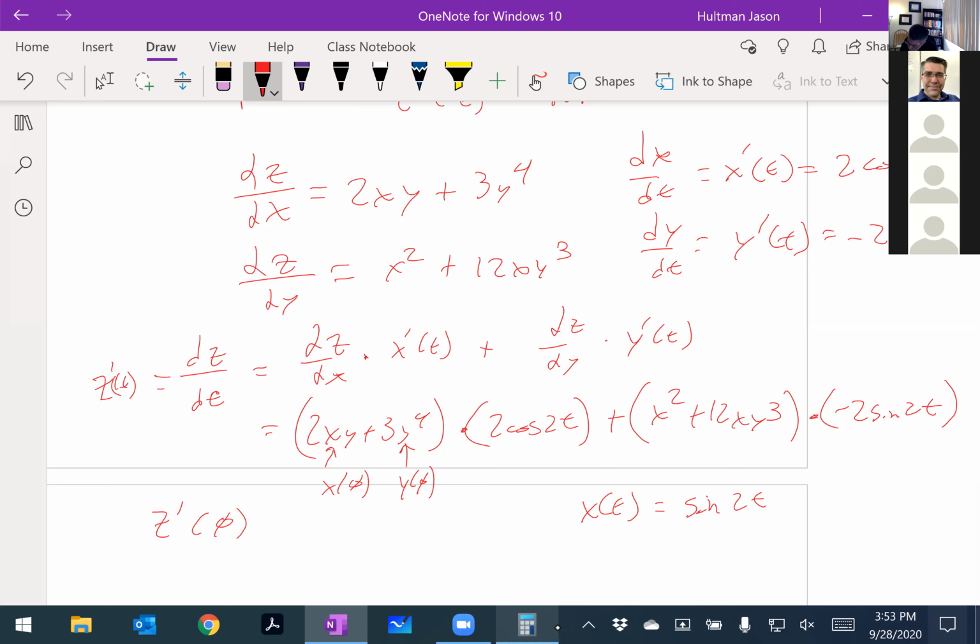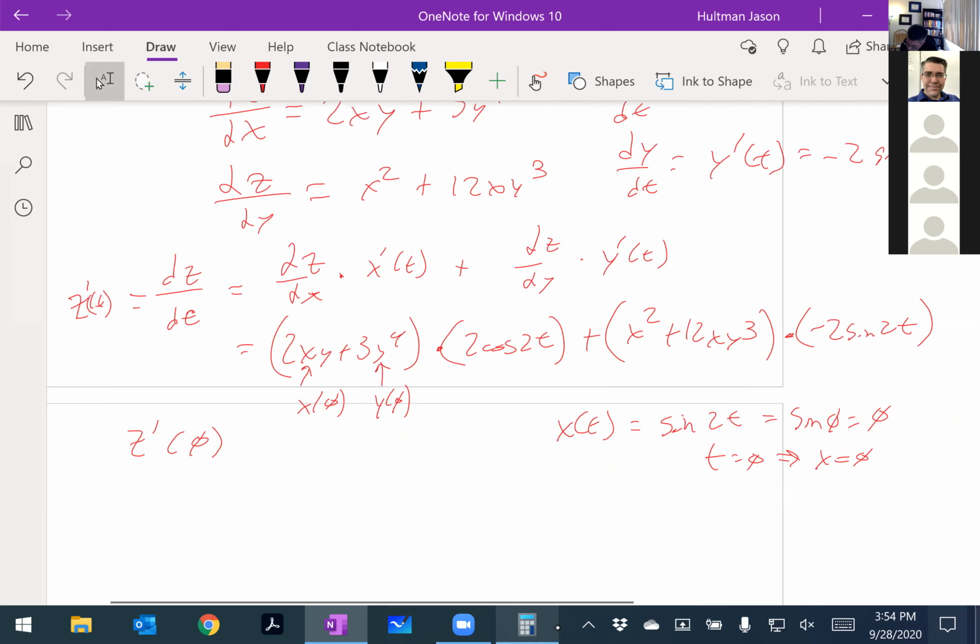When t is 0, the sine of 0 is 0. Boom. Nothing's just going to go to 0. So when t is 0, x equals 0.